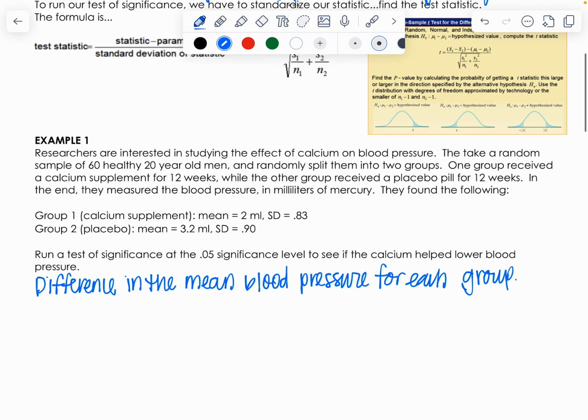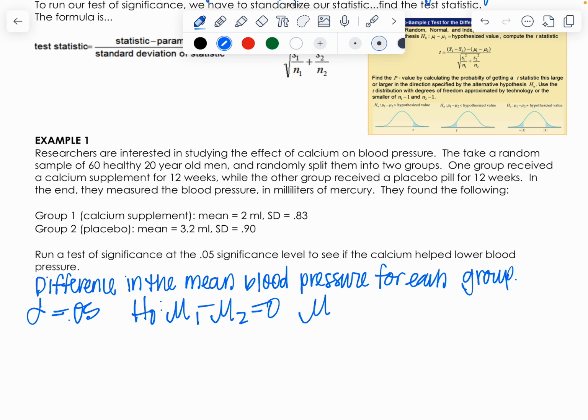Okay, and we are using the alpha level 0.05. We are going to say our null hypothesis, always for two samples, is that the difference is equal to 0, where our alternate, HA, will be that difference.